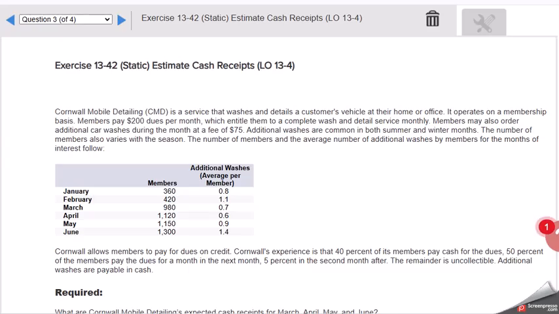So members pay $200 per month, which entitles them to complete wash and detail services monthly. Members may also order additional car washes during the month at a fee of $75. Additional washes are common in summer and winter, and the number of members also varies with the season.